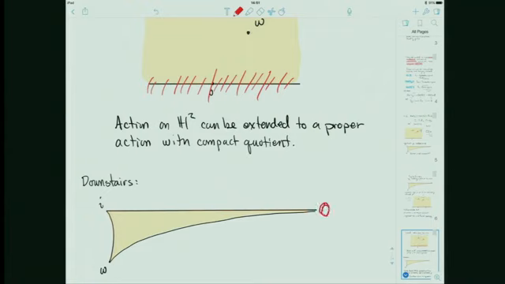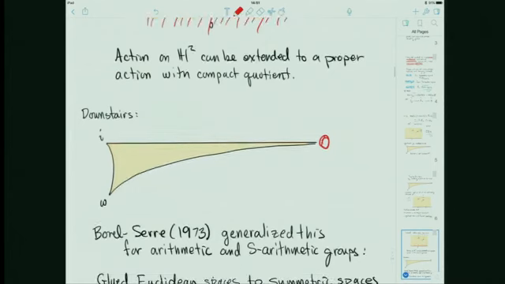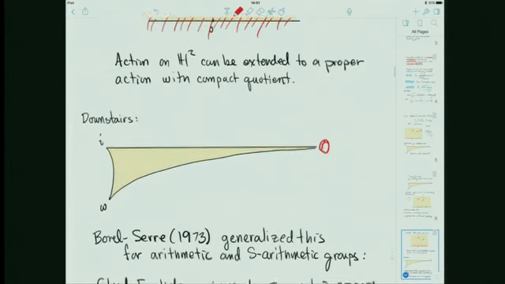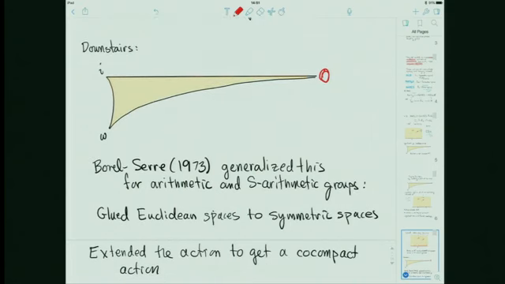Okay, so this is the idea of the Borel-Serre bordification, compactification of the moduli space. Upstairs it's called a bordification, downstairs it's called a compactification. And Borel and Serre generalized this, so that you can do it to any arithmetic and S-arithmetic group in the place of SL2Z.